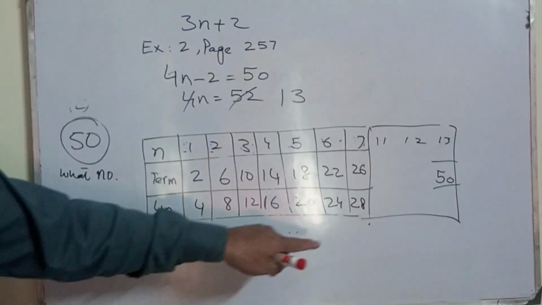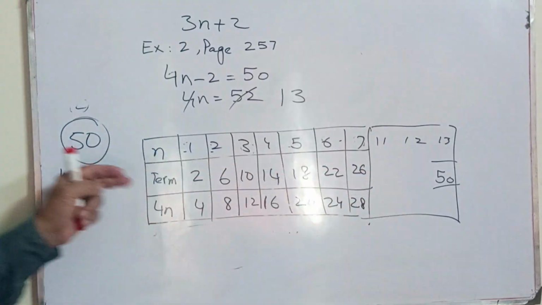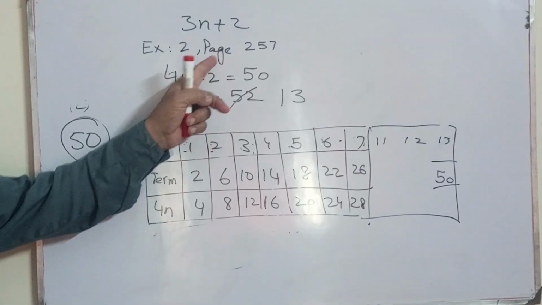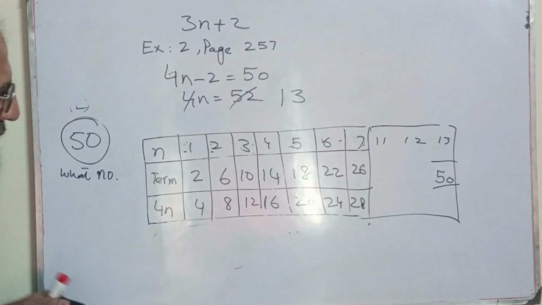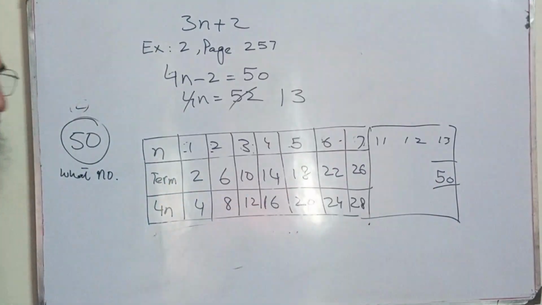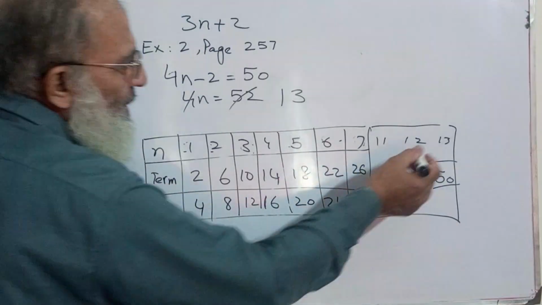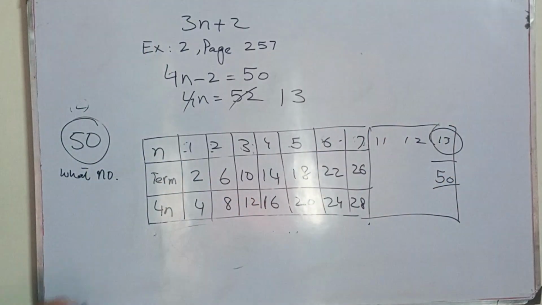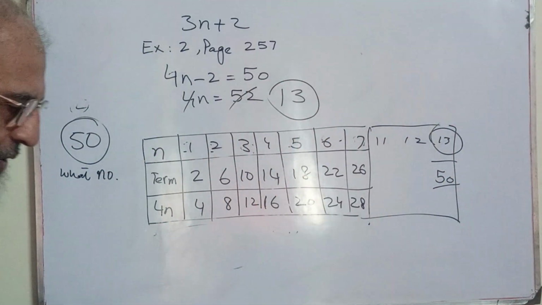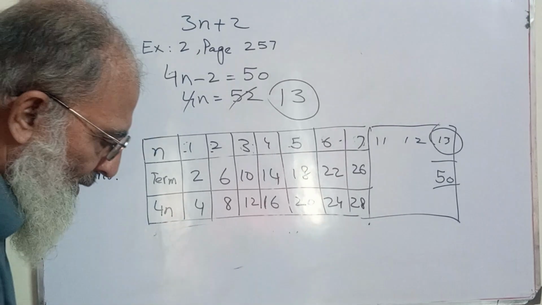Yes, 50 is included in this sequence. Where was the sequence? This was the sequence. Yes, the answer is yes, 50 is there in the sequence, and it is at the 13th place. There were two questions, so there are two answers.